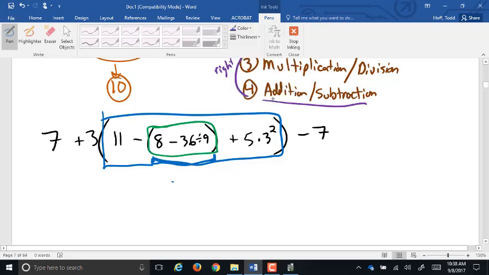Are there any other enclosing symbols? No. Exponents? No. So we're down to multiplication and division. 36 divided by 9 is 4. So we take out the 36 divided by 9 and replace it with 4. Everything else in the whole problem has to stay exactly the same.